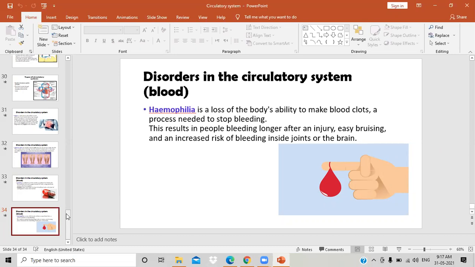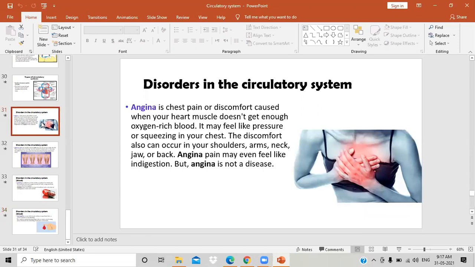So in general, there are four types of disorders that may affect your circulatory system. The first one is angina. Angina goes directly to the heart, which is the core of your circulatory system. The heart muscle is not getting enough oxygenated blood, and this is what causes angina.